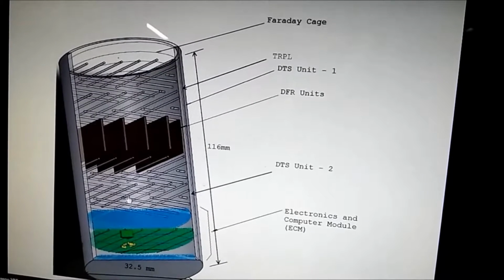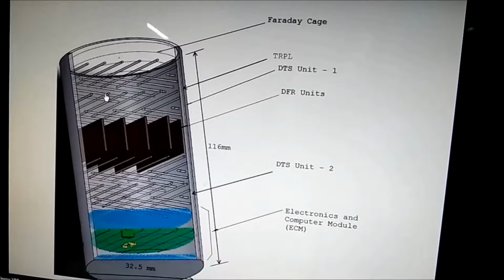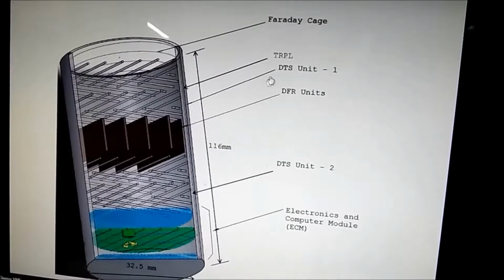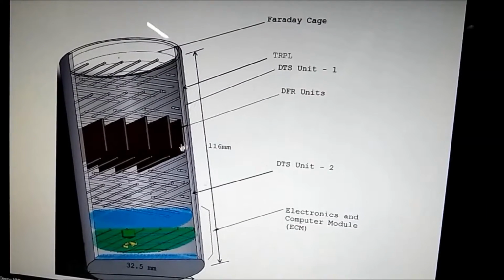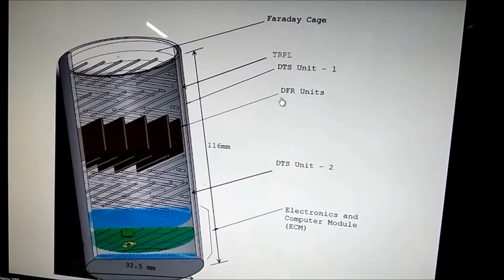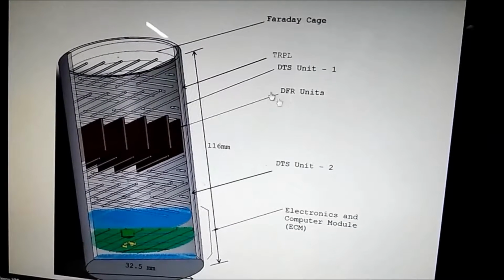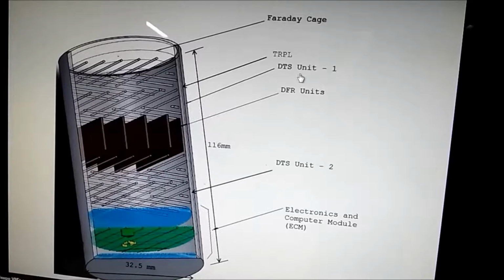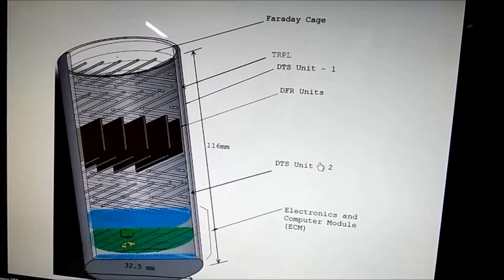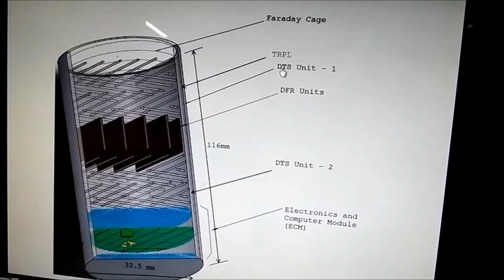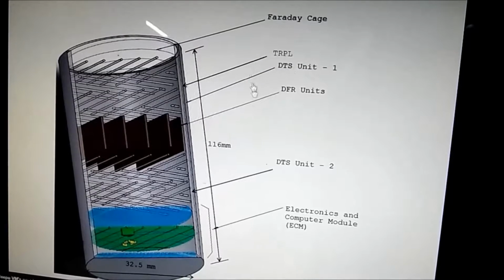Now this sensing module had three units. One was the DFR unit, which is the deflection field region. I'll explain it. And there were two DTS units, DTS 1 and DTS 2. What is DTS? DTS is actually the dust trajectory sensor.